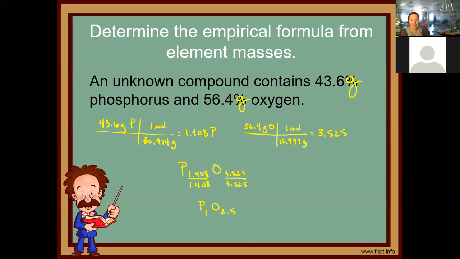All right, that was time. Hopefully you turned your grams of phosphorus into moles of phosphorus, found about 1.4, keep some decimal places. Same thing for oxygen, 3.5, keep some decimal places. Divide both by the smaller, I got 1 phosphorus, 2.5 oxygen.